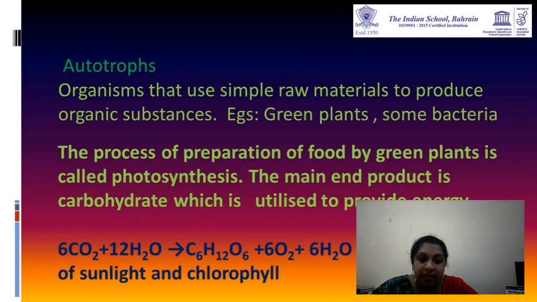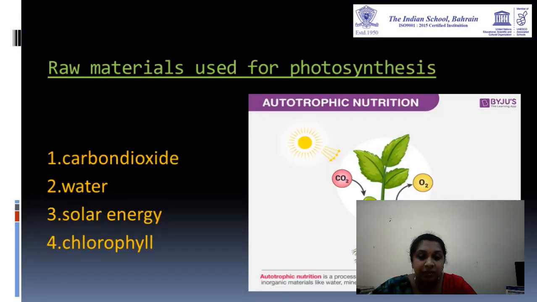The chemical reaction that takes place during photosynthesis is 6CO2 plus 12H2O, in the presence of sunlight and chlorophyll, gives C6H12O6 plus 6O2 plus 6H2O. C6H12O6 is glucose, which is the simple form of carbohydrates.